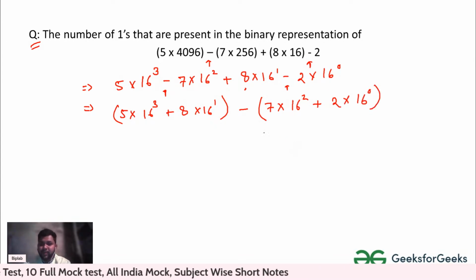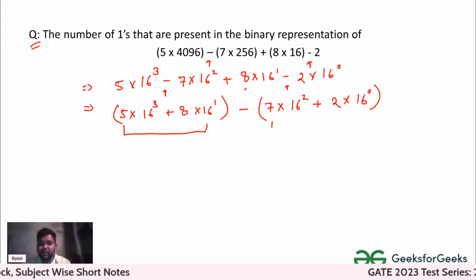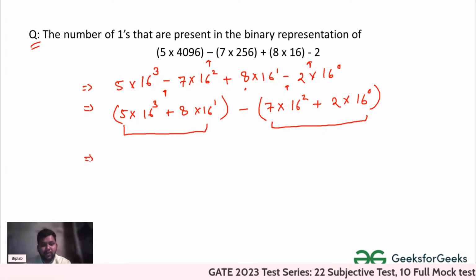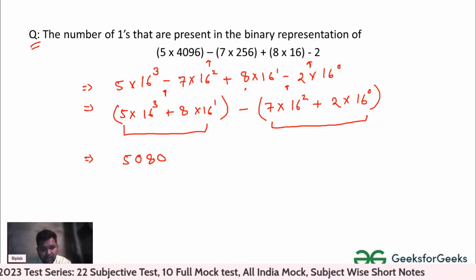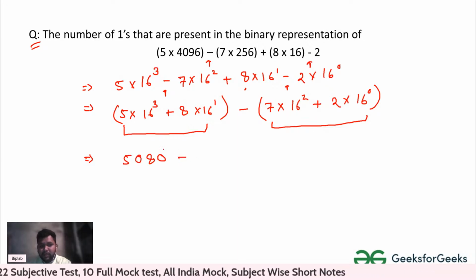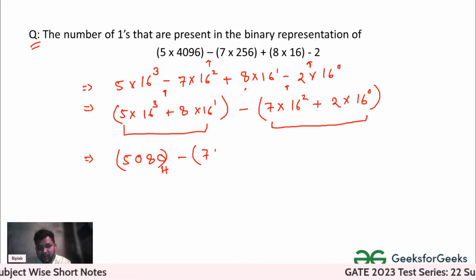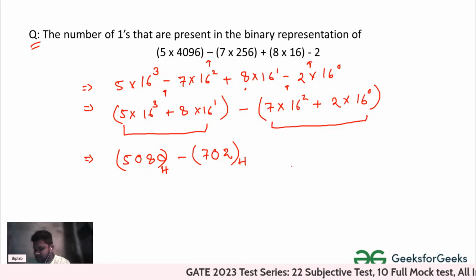Now you can convert this into hexadecimal independently. There is no relation between them. So just write it: 5080 in hexadecimal minus 702 in hexadecimal.